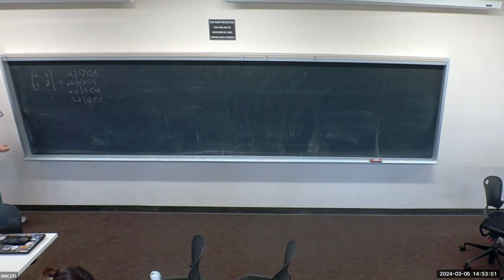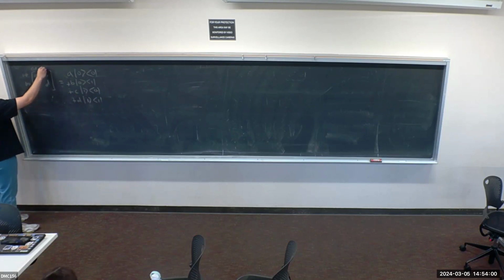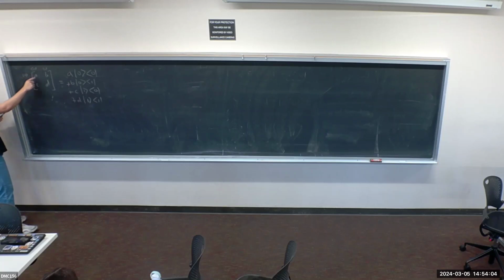The way you can see it is the ket goes on the row and the bra goes on the columns, and then you can quickly see that this matrix element corresponds to ket 0, bra 0. This matrix element corresponds to ket 1, bra 1, and so on.